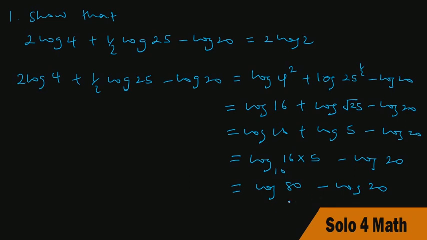Now when we finally consider this subtraction, we said when we are subtracting 2 logarithms with the same base, what we do, we divide the arguments. So meaning this would be log, the same base, but we divide this. So when we divide, it will give us log, it was 80 over 20, dividing this, we remain with log 4.